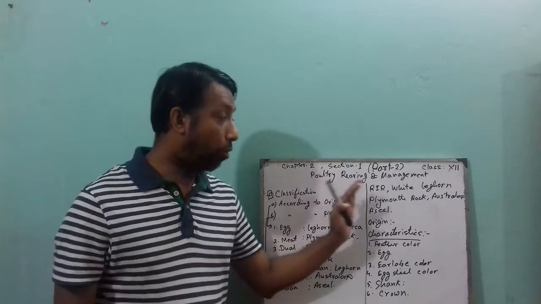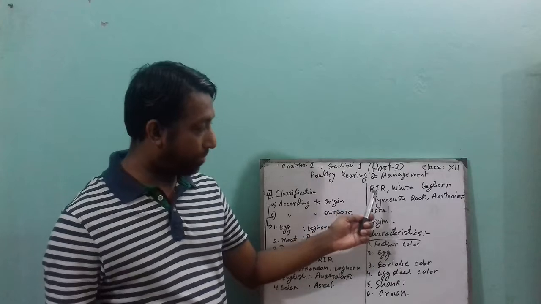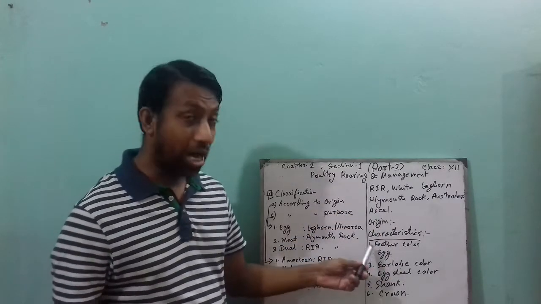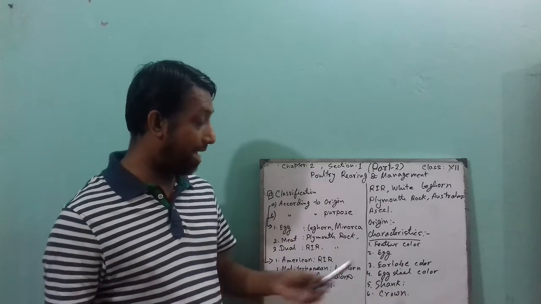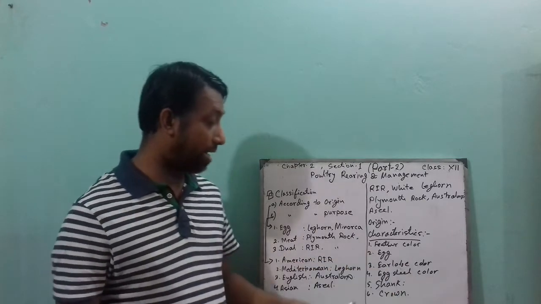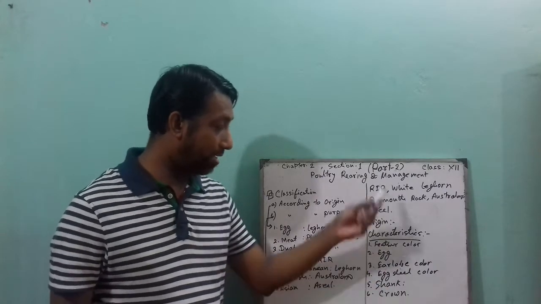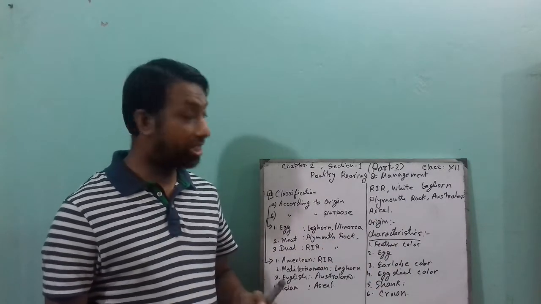So this is the origin, and then you have to memorize the feather color, egg, how many eggs they can lay, what is the yolk color, what is the eggshell color, what is the shank color, and what is the crown color or size.